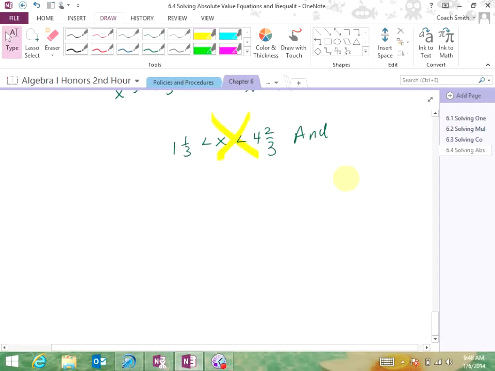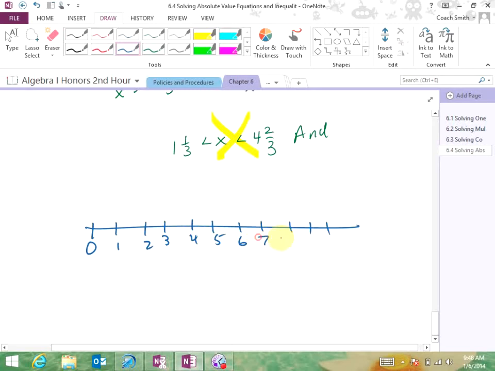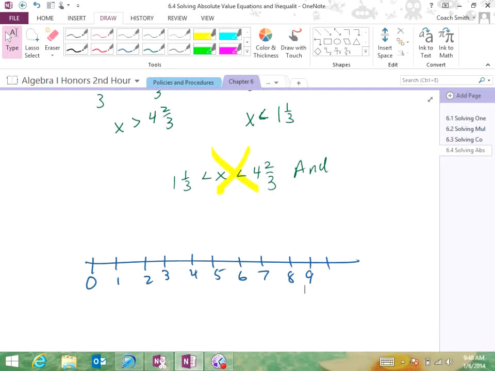So let's graph it. Let's go with 0, 1, 2, 3, 4, 5, 6, 7, 8, 9. Okay, so let's graph the first one. x is greater than 4 2/3.